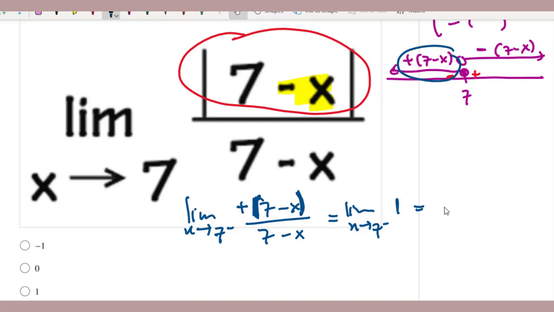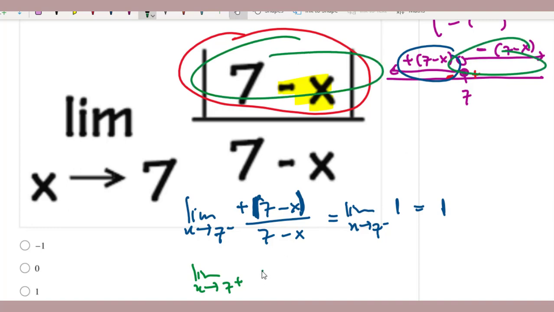This is a constant, the answer is 1. When the limit as x approaches 7 from the right, the absolute value changes to negative 7 minus x over 7 minus x, so the answer is negative 1.